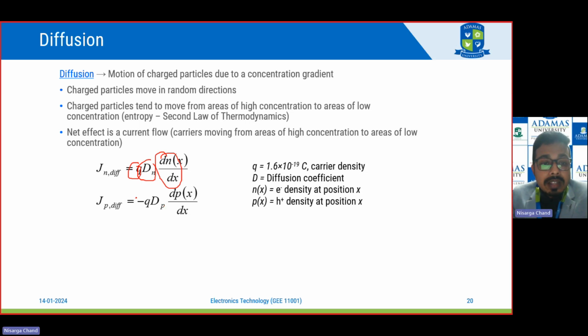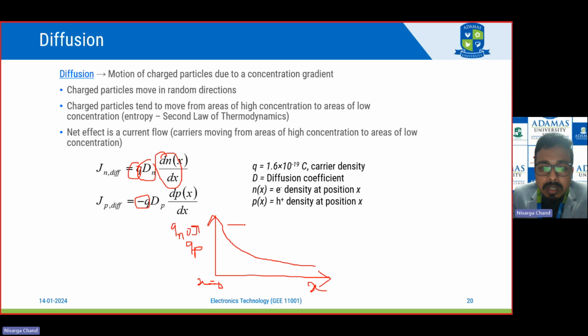Now, why is the negative sign there? It is important only for the Jp diffusion part. The negative sign in the expression of Jp indicates that Jp has a direction towards the decreasing hole concentration. If I draw this graph, with either Qn or Qp against displacement x, where x is the distance starting at 0, this is the exponential curve, and this is the direction of p, the similar direction of Jp.